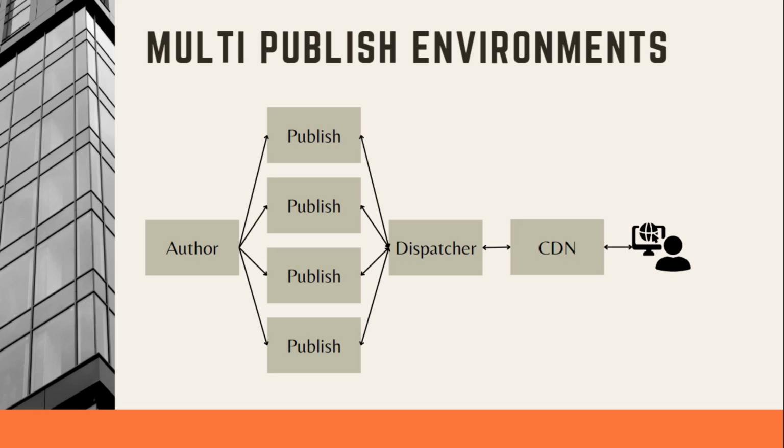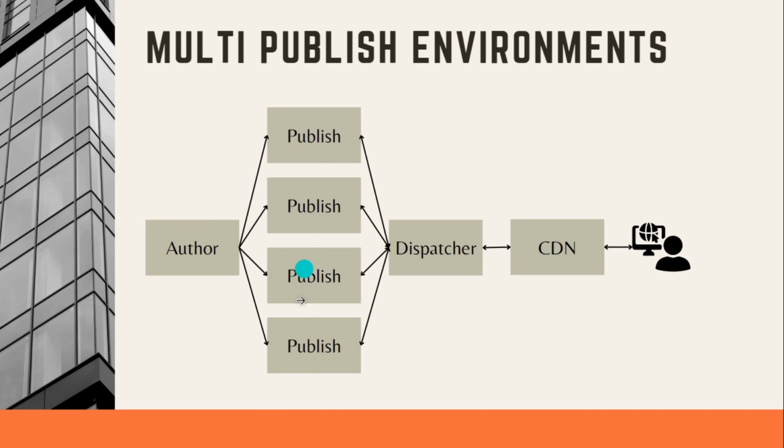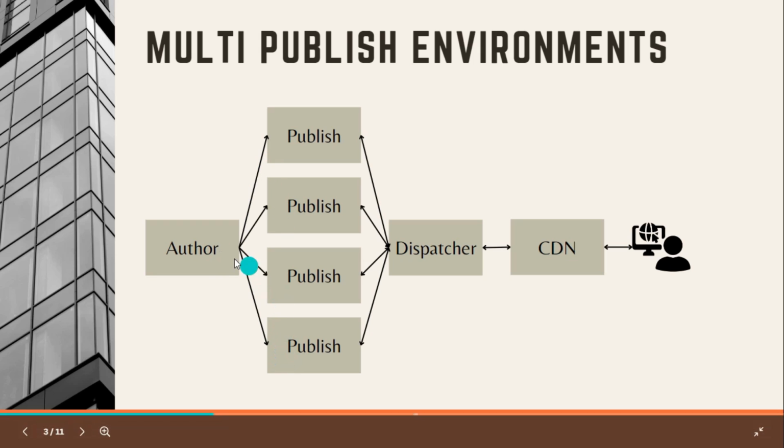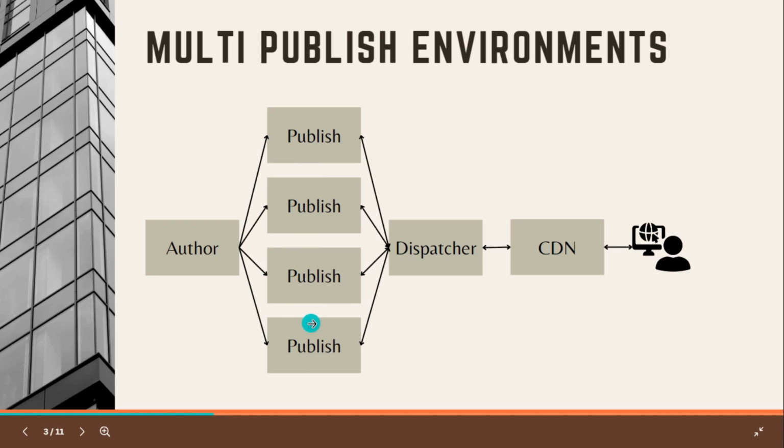Okay, so if we just go into the production environments, the architecture could look something like this, right? We may not have one publish instance, and instead we will have multiple publish instances. So there might be one author instance, and from one author instance, when you publish the content, it might be replicated onto like 4 publish instances, right?